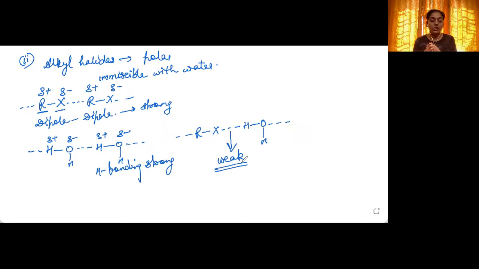When we are mixing these two, what will happen? We need to break these interactions first, the hydrogen bonding and the dipole-dipole interaction between the alkyl halide molecules. To break these interactions, energy is required. That much energy is not produced when this new interaction is formed.